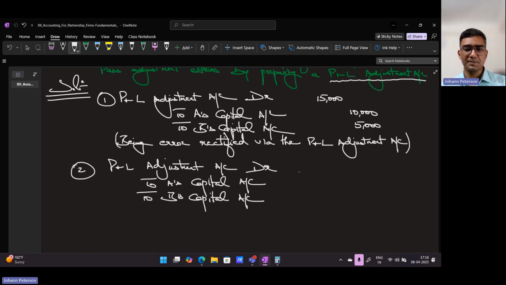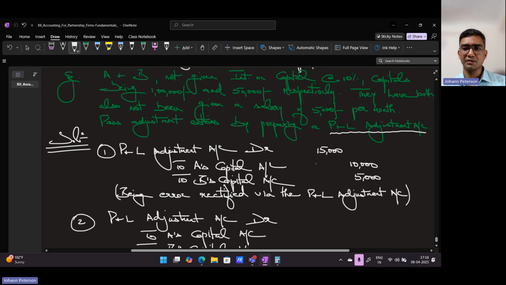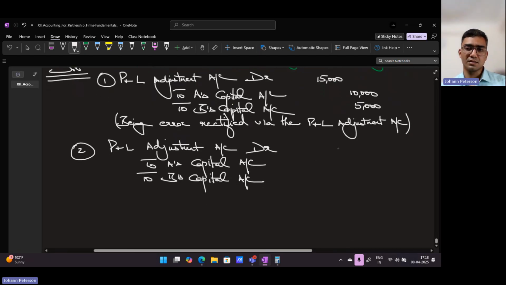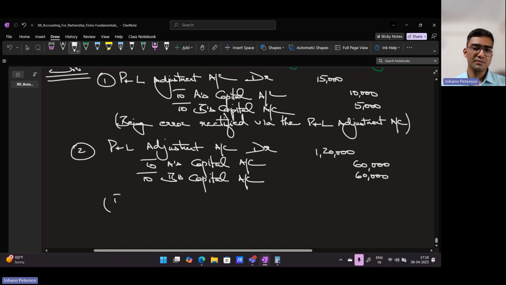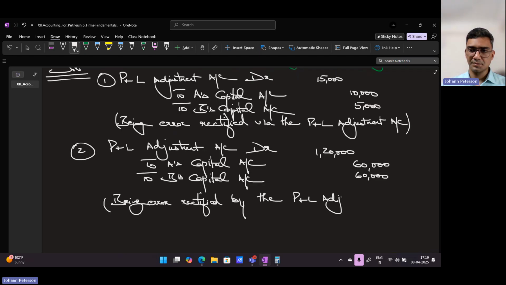The amount here will be, how much? 5,000 per month. So that means 60,000 in the year. So each of them is getting 60,000, 60,000. Total is 1,20,000. Narration is again the same: being error rectified by the P&L adjustment account.